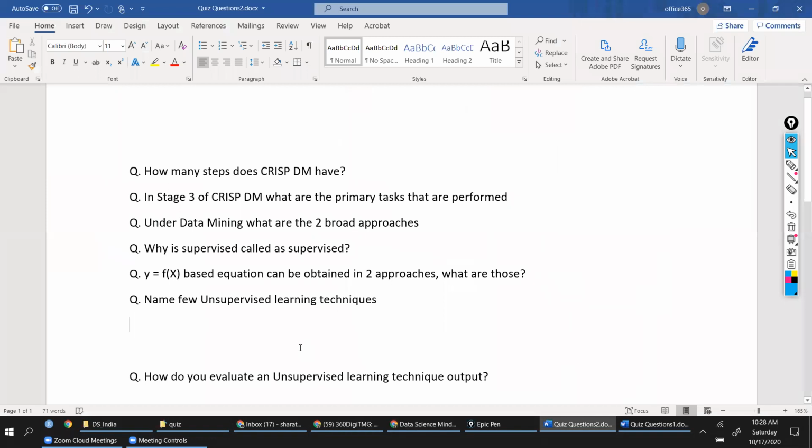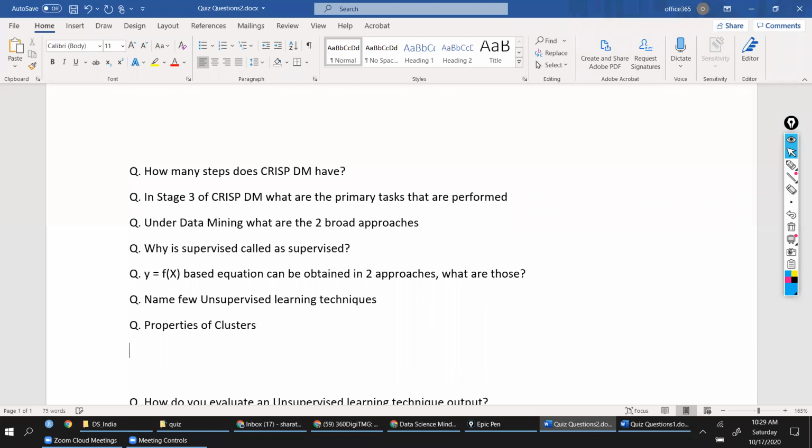Okay. Next. Can I have overlapping, or let's say properties of clusters? What are the properties of clusters?